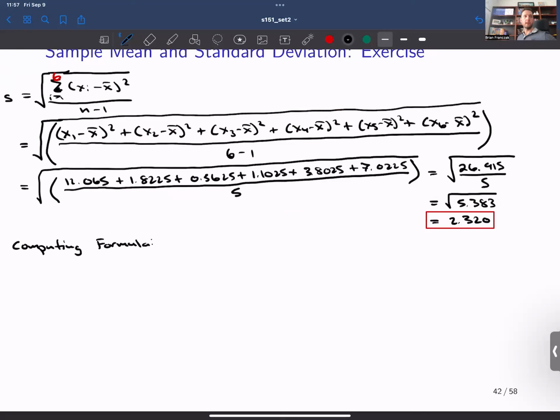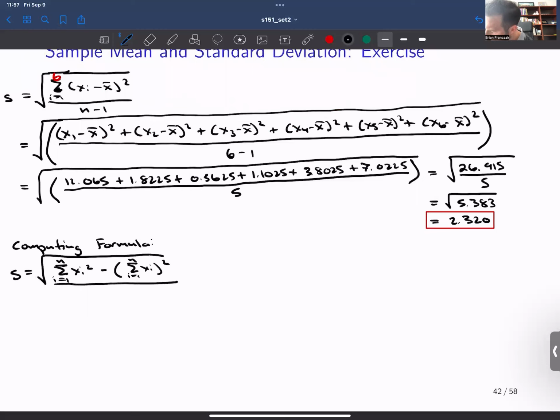Now, the second way that we can compute the sample standard deviation is using the computing formula. So the computing formula says that the sample standard deviation is equal to the sum from i equals 1 to n of xi squared minus the sum from i equals 1 to n of xi all squared, divided by n minus 1.